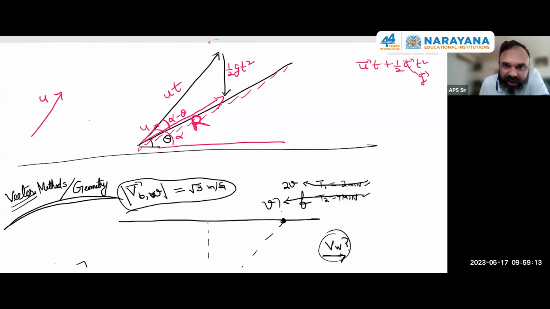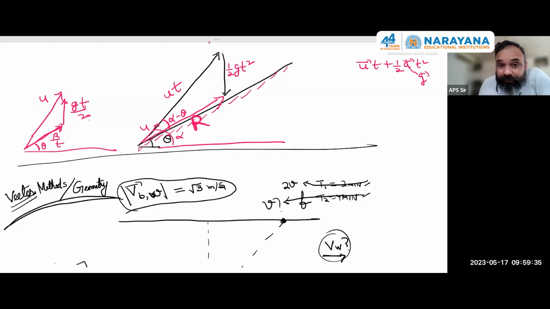I've divided this by t, I'll divide this by t again, I divide this by t again. So I'll form a similar triangle. This is u. This is gt by 2. And this side now is R by t. Remember, this angle is theta, the angle of incline. And this is alpha minus theta.